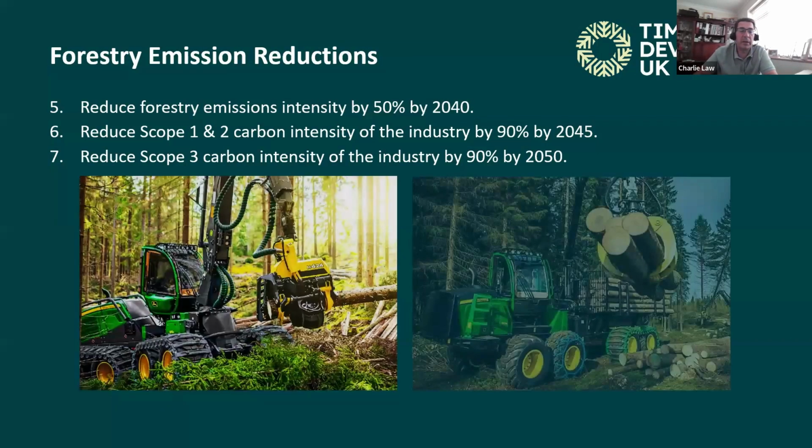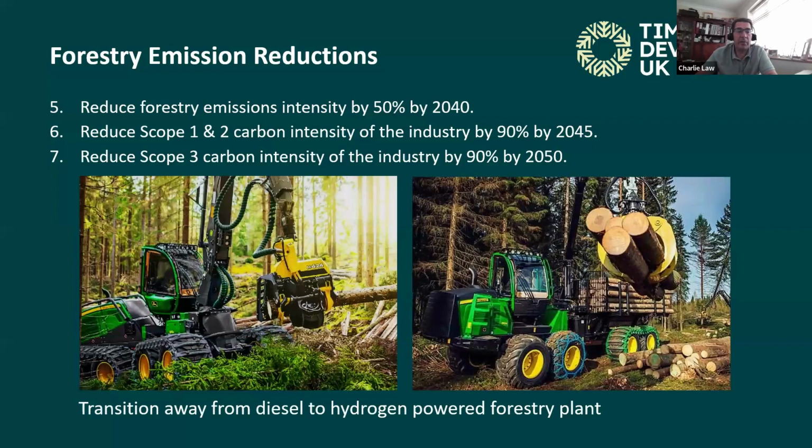So we'll very much look at that, and obviously our forestry emissions and reductions in the forest as well. So we need to transition away from diesel, probably to something like hydrogen. I think in the forest, it's going to be a little bit further away because that technology is still in its infancy compared with electric vehicles. It's not easy to plug in a forwarder in the middle of a forest, so hence it's likely to be hydrogen where we can transport the fuel to that forest location.